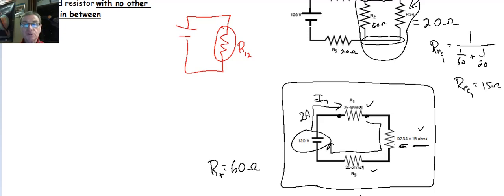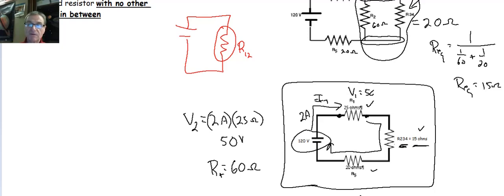So the voltage drop across R1 is going to be the current times the resistance, so 2 amps times 25 ohms. So what's my voltage drop? 2 times 25 is 50 volts. So V1 is going to be 50 volts.